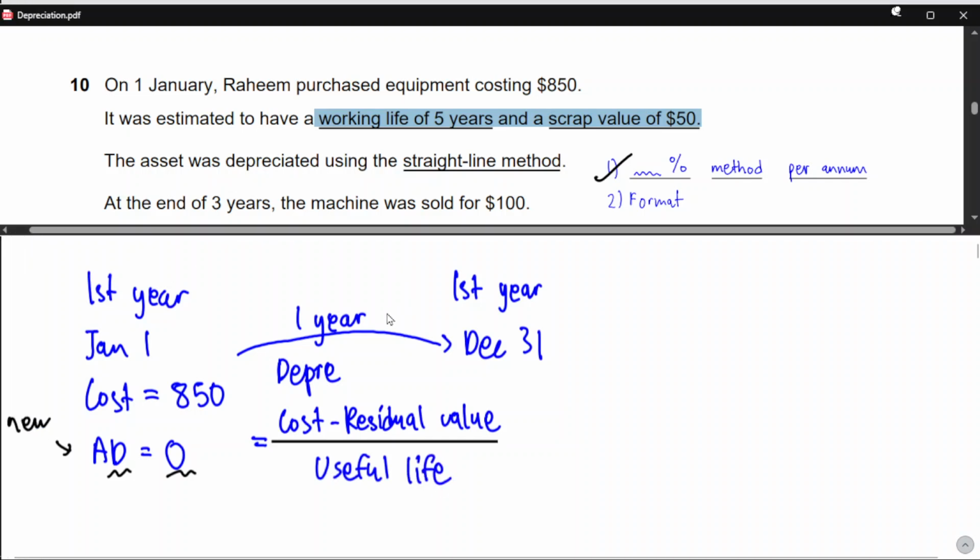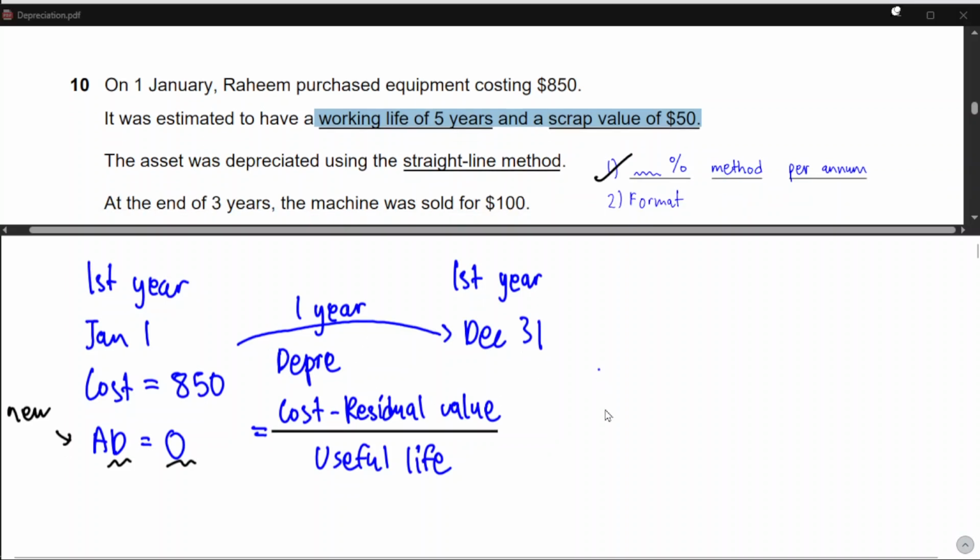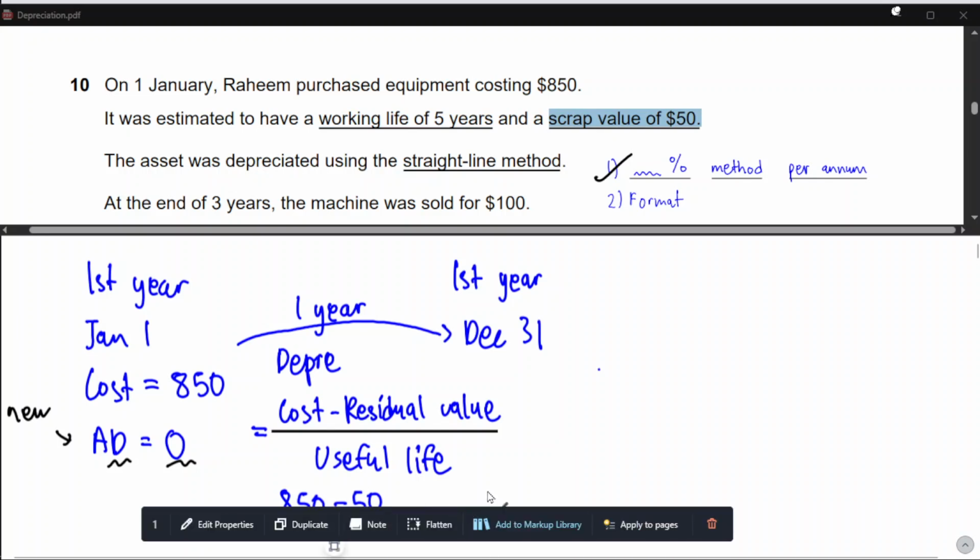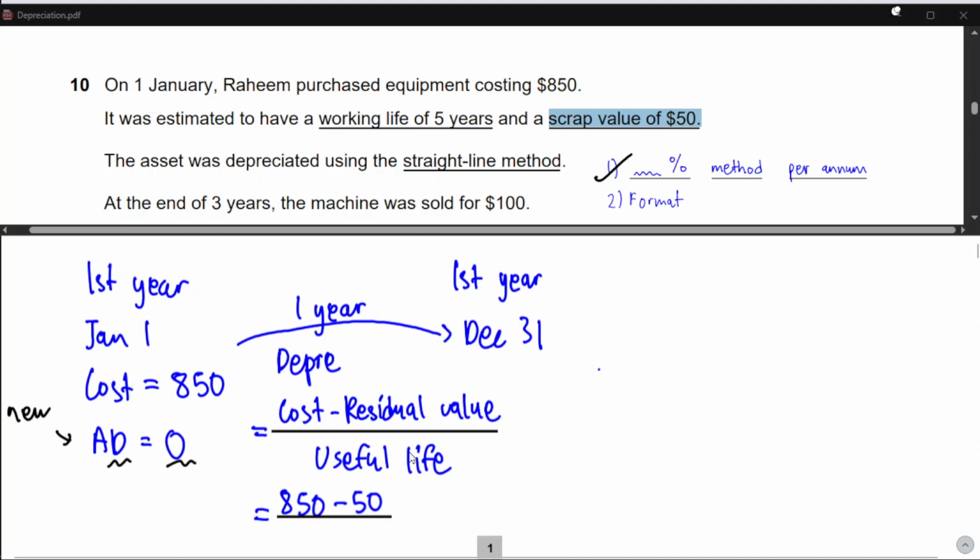So it will equal the cost of 850 minus residual value, the scrap value of 50, and then the useful life will be the working life of 5 years.